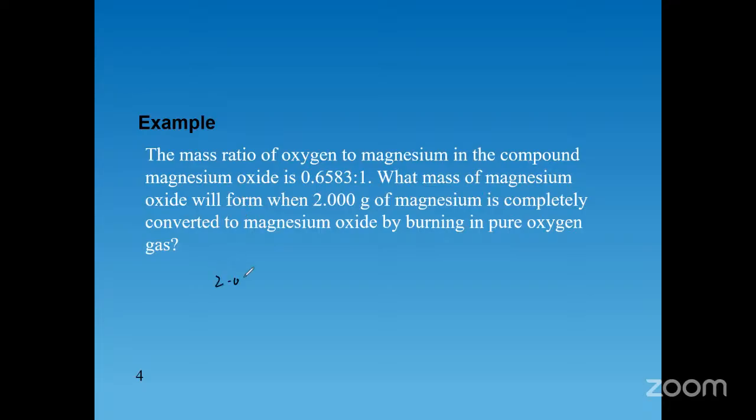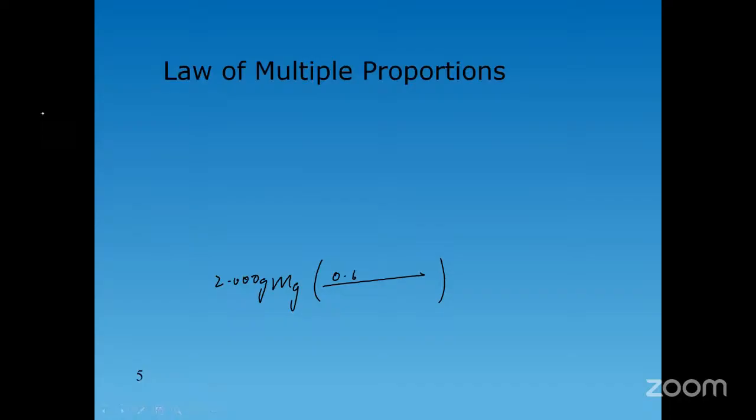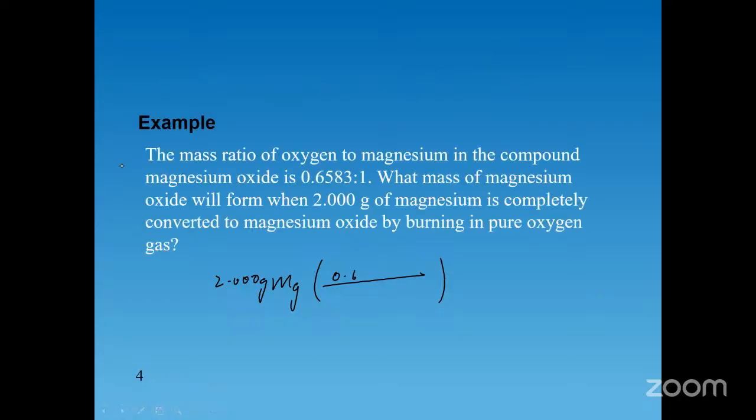So 2.00 grams of magnesium, I will multiply this by, since this is the ratio, 0.6583 grams of oxygen per every 1 gram of magnesium.